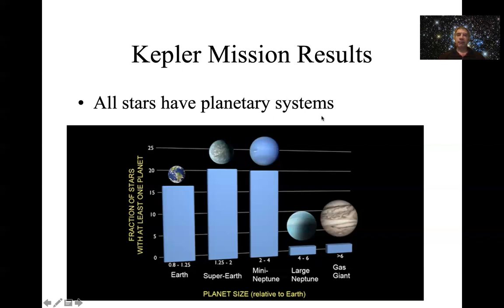Well, Kepler looked at 100,000 stars and it found transits around a certain percentage of them. Of course, in order to see a transit, the orbital plane of the planet has to be aligned with our line of sight. Otherwise, we would not see any little eclipse by the planet of the star.